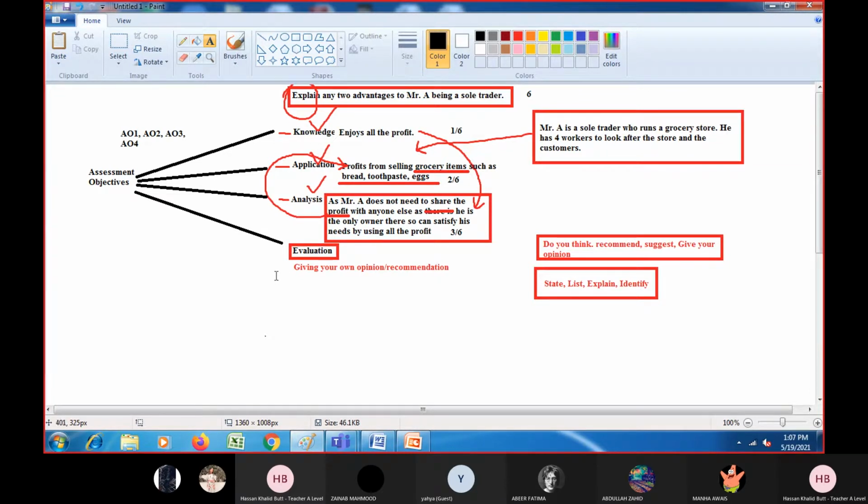All right. I hope that you have understood that. But still, if you have any problem, I can demonstrate these skills by adding another point. If it is okay, you can remain silent. But if you want me to develop another point with context, I can do it. Otherwise, I will move on to assessment objective number 4, that is evaluation.